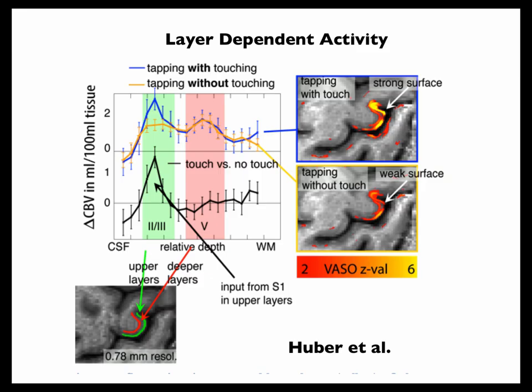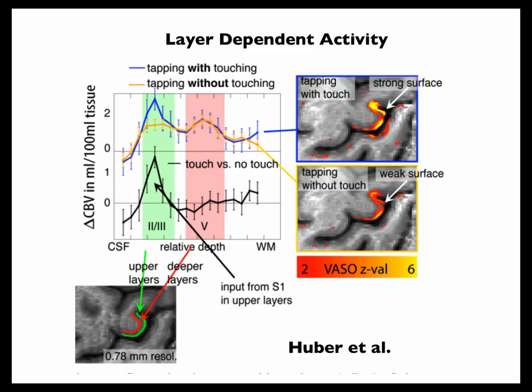So this is some work I just put in recently. Also, there's nice work on layers that is just starting to come out, using a very different technique than BOLD, but BOLD still has potential for seeing this. This is Laurentius Huber, showing the difference between sensory and motor cortex, and being able to look at inputs to specific layers as they're modulated.